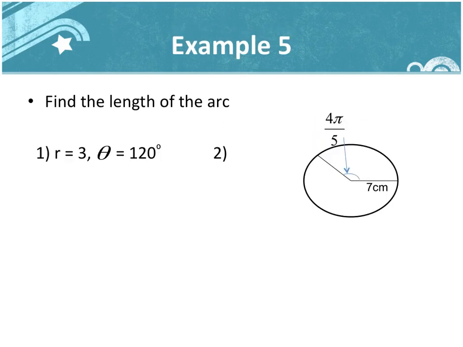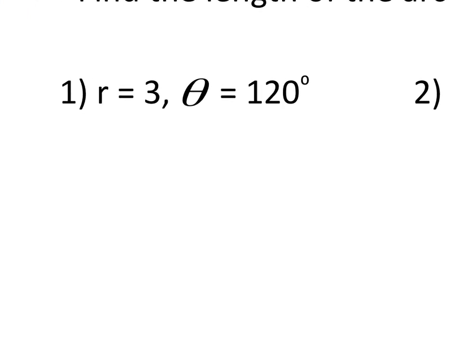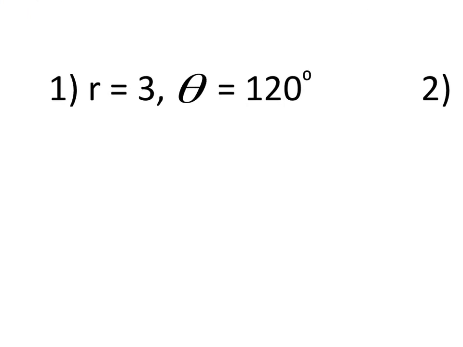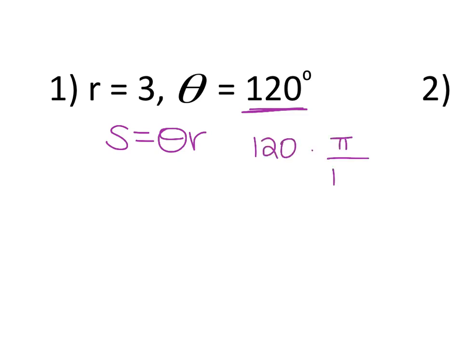Example 5 says find the length of the arc. If you look at number 1, R is 3, theta is 120 degrees. So I know it's S equals theta times the radius, but theta has to be in radians. So 120 times pi over 180. My zeros cancel, and 6 goes into 12 twice, 18 three times. So theta in radians is 2 pi over 3.